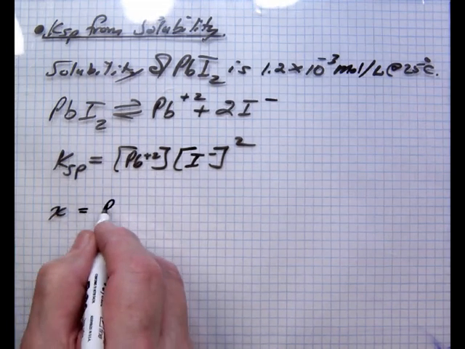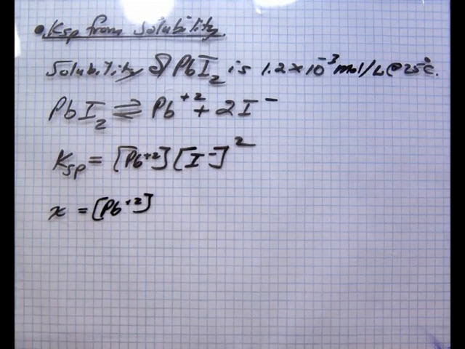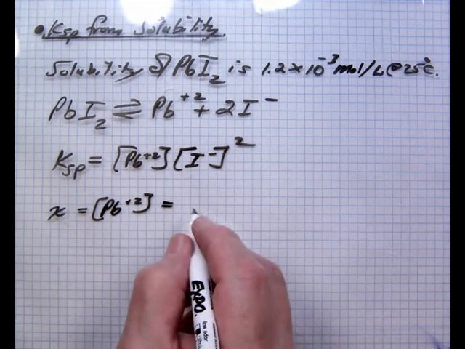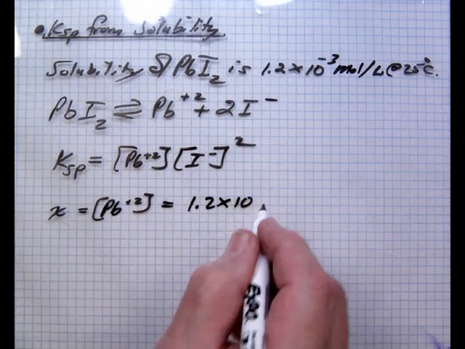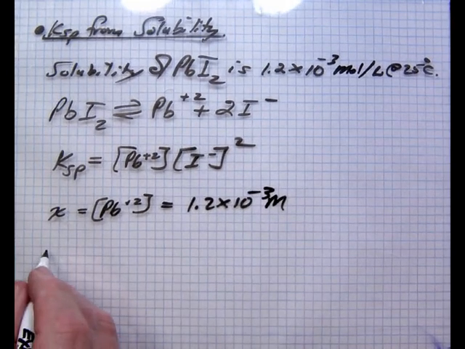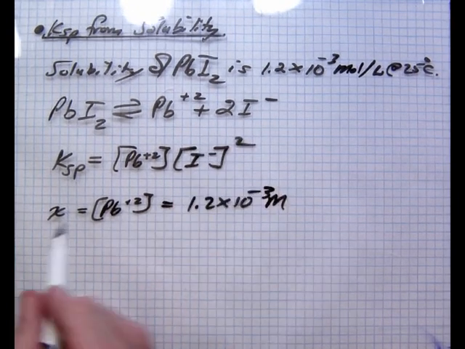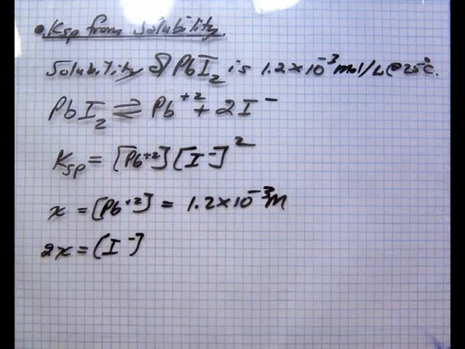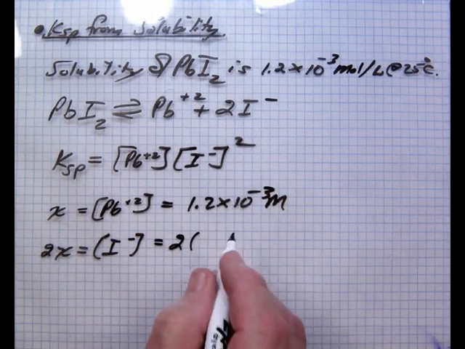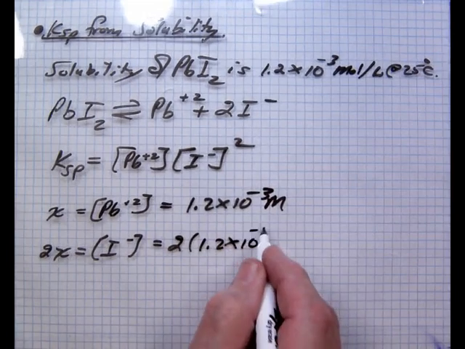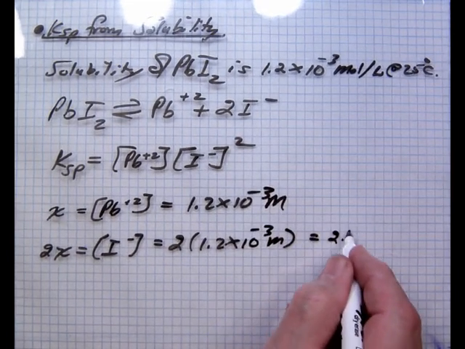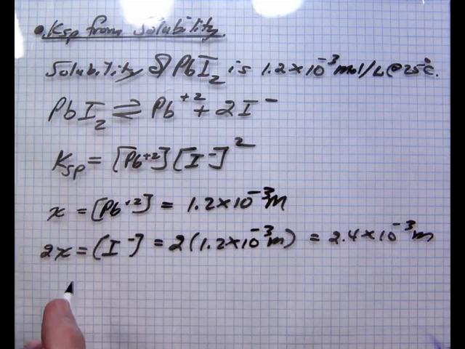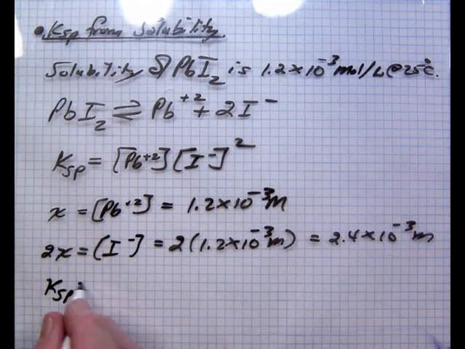So X is equal to the lead iodide concentration and the lead, which is 1.2 times 10 to the minus 3 molar. The iodide, however, is 2x to get its molar concentration, so I have to double the 1.2 times 10 to the minus 3. And then we substitute into the Ksp expression and compute the Ksp value.